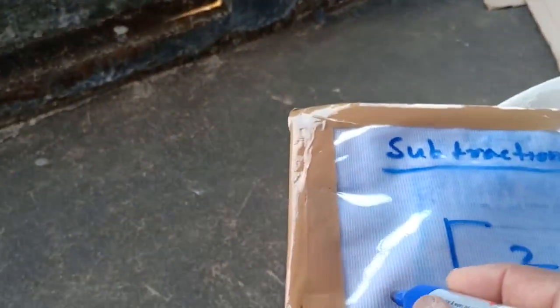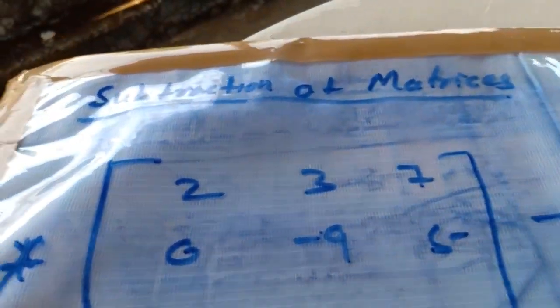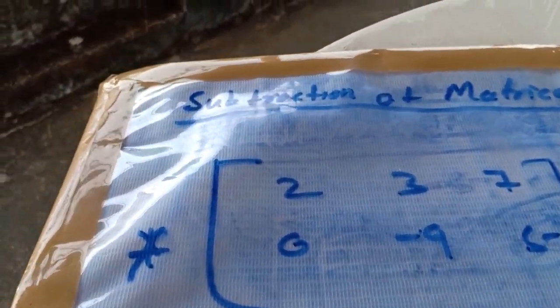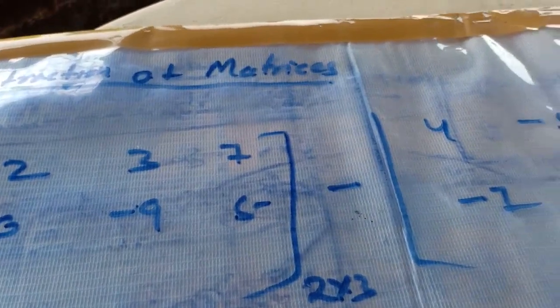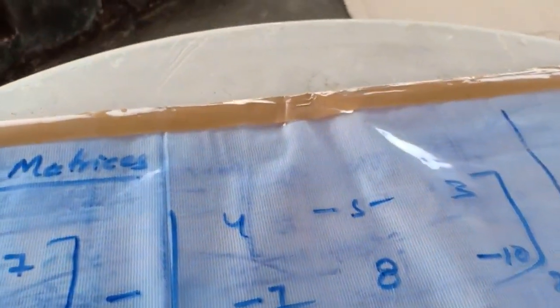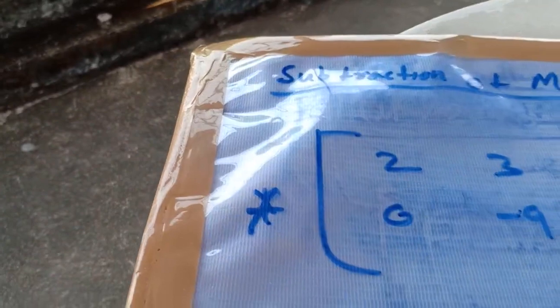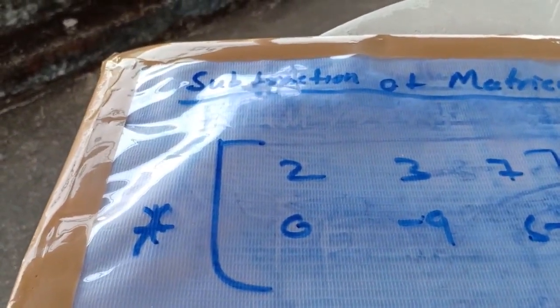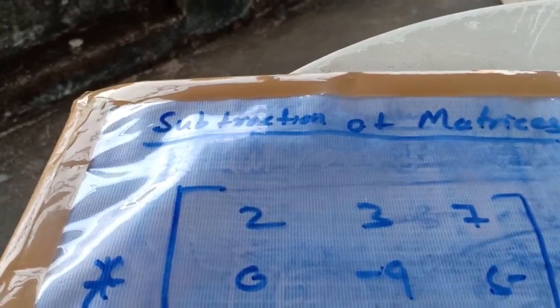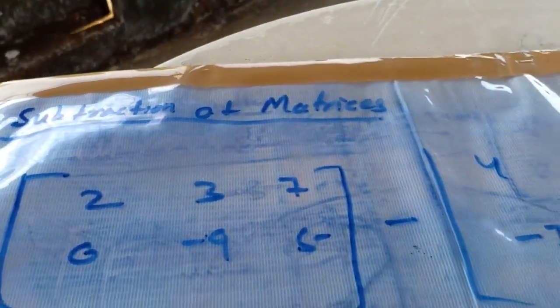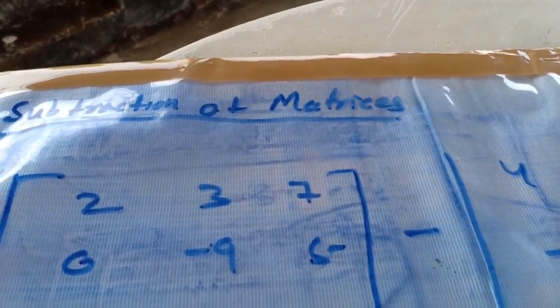Now you have to subtract the corresponding elements. How to write this? As it is: 2 minus 4, then 3 minus 5, then 7 minus 3, next 0 minus 7, then minus 9 minus 8, and 5 minus 10.